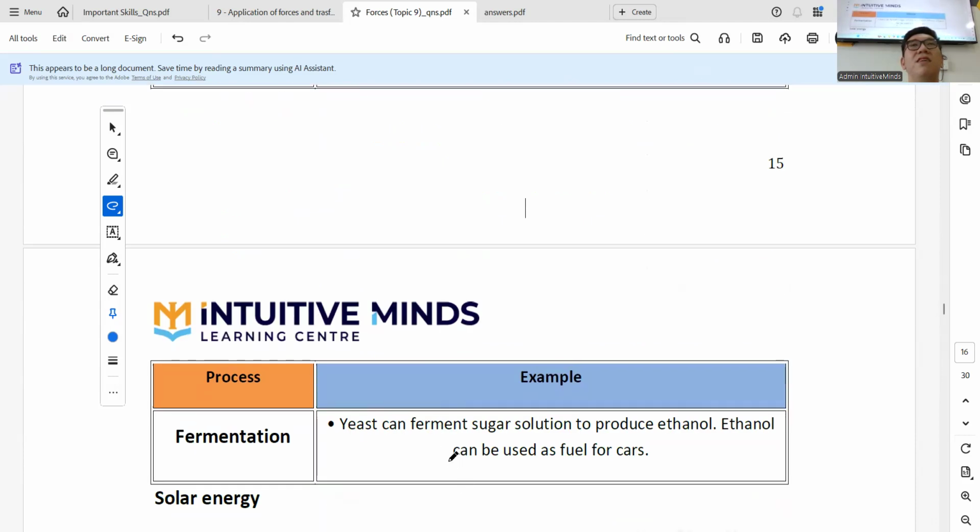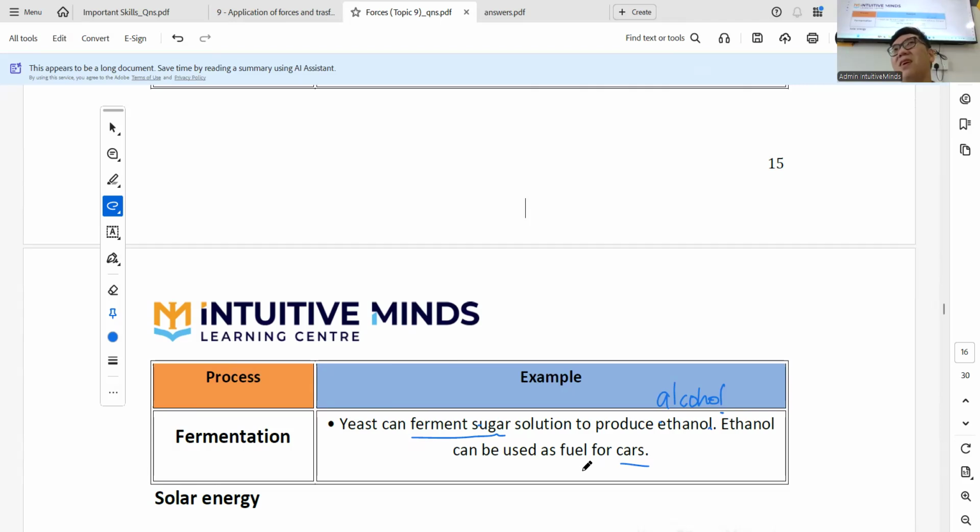You're gonna learn this again in Sec 4 chemistry. Ethanol. It's a form of alcohol. Basically, you can convert sugar to alcohol. Once you get alcohol, right, you can put in your vehicle and use it as fuel.